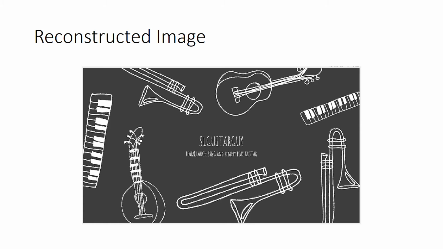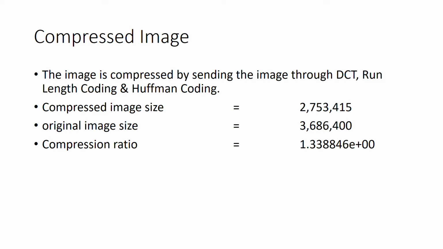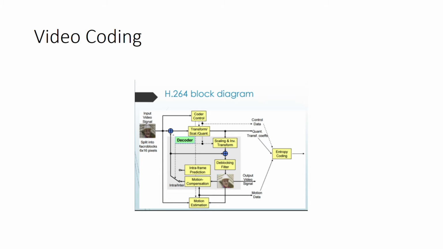Another method I use to reduce the size of this image is run length coding and Huffman encoding. The reason for that is we can reduce the coding redundancies caused when we are storing the image in digital format. For the compressed image, we obtain a compression ratio of 1.3.